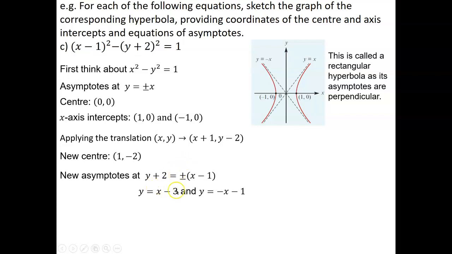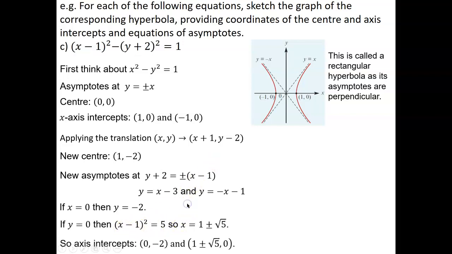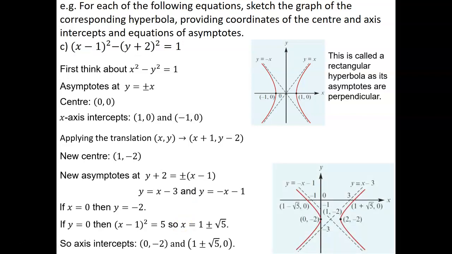I've just rearranged that to get the equations in the form y equals mx plus c. Then when x equals 0, y equals negative 2, and when y equals 0, I can solve for x to find my intercepts. And so this is what it looks like.